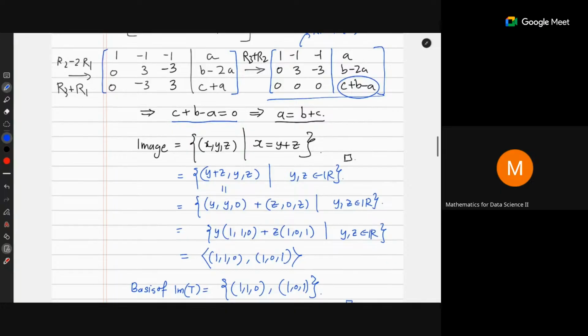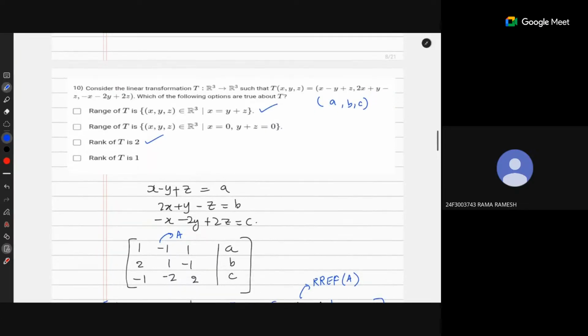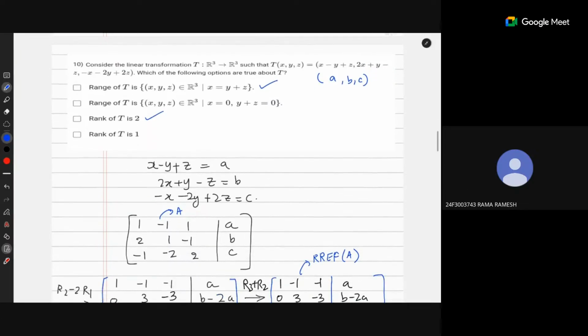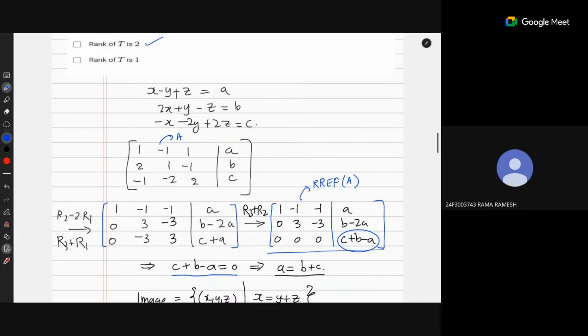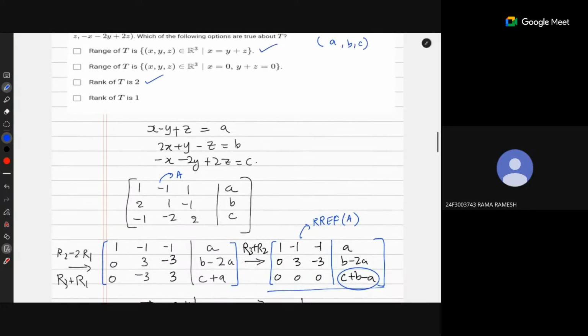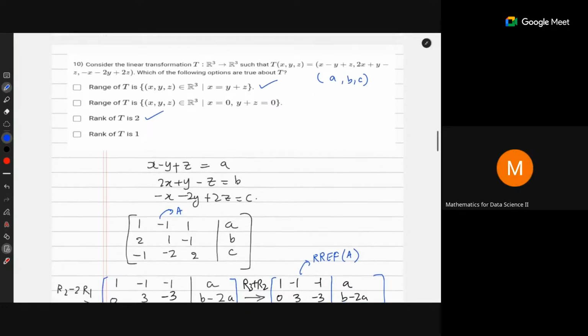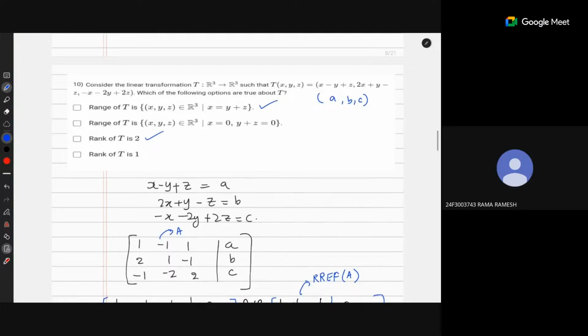In the RREF of A, the pivots are in the first and the second column. So the original vectors corresponding to these two columns will be 1 2 minus 1 and minus 1 1 2. Correct, sir? Yes, these two vectors will be the column space.